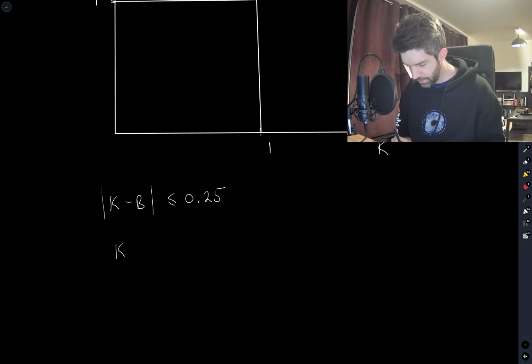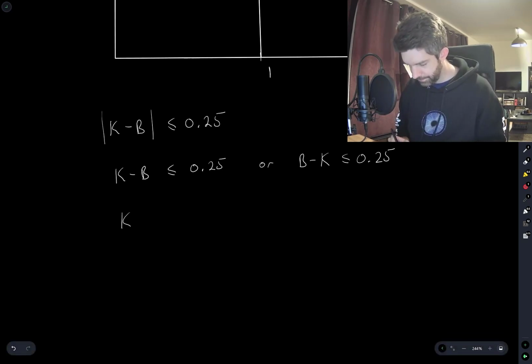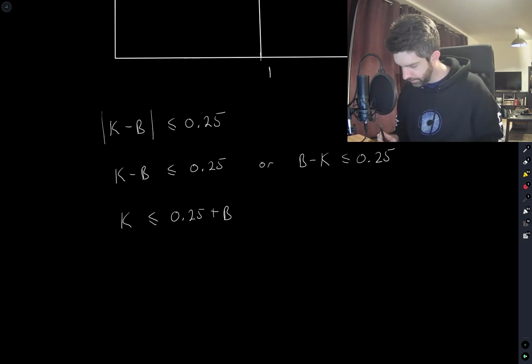So this means K minus B less than or equal to 0.25, or B minus K less than or equal to 0.25. Okay, so this inequality becomes K less than or equal to 0.25 plus B. And this one, well, let's write it all in terms of K. This becomes K greater than or equal to B minus 0.25.